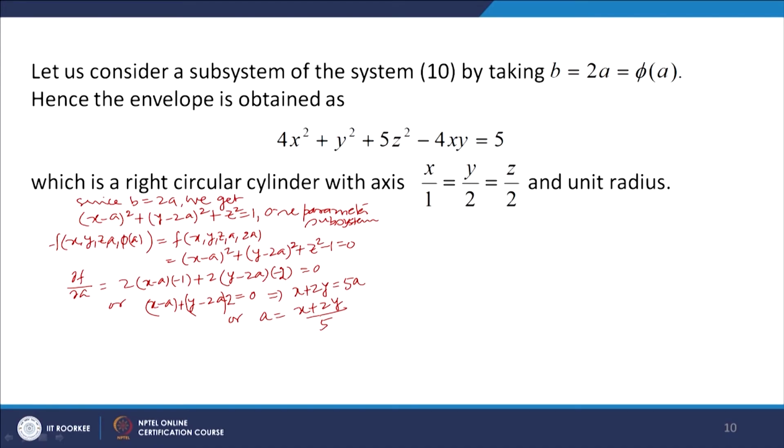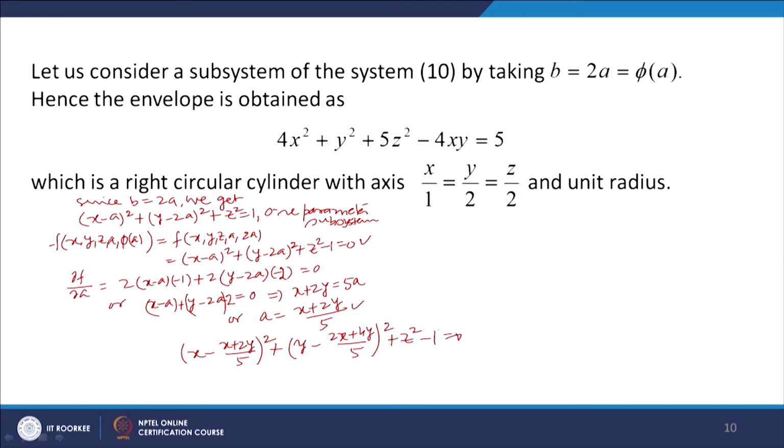Now, eliminating the parameter a between this equation and this equation, we will arrive at x minus x plus 2y divided by 5 whole square plus y minus 2x plus 4y divided by 5 whole square plus z square minus 1 equal to 0.